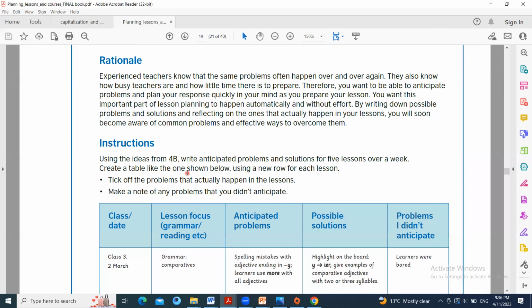Create a table like the one shown below, using a new row for each lesson. Tick off problems that actually happen in the lessons. Make a note of any problems that you didn't anticipate.